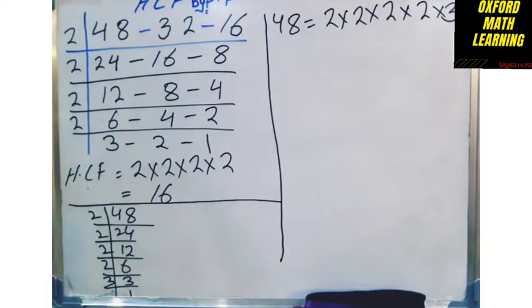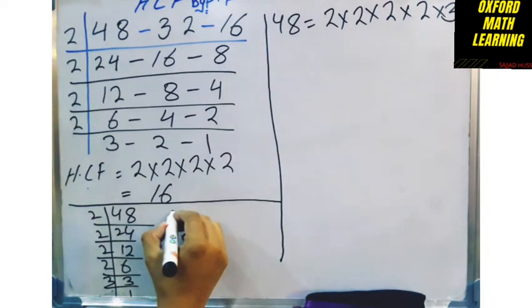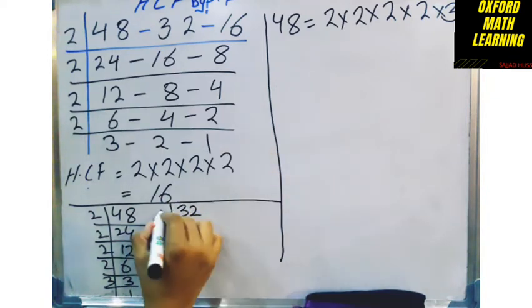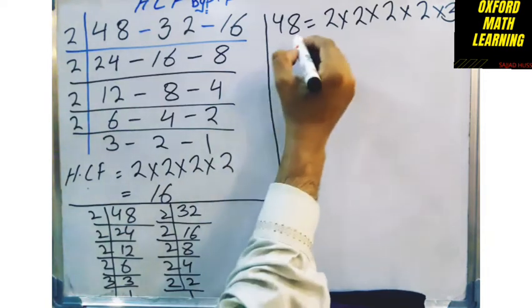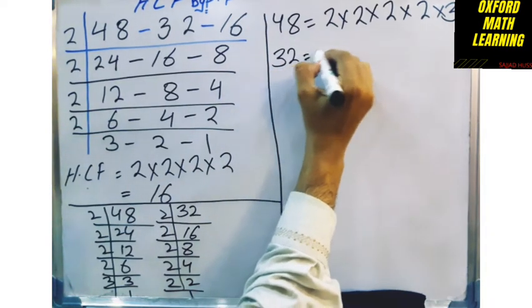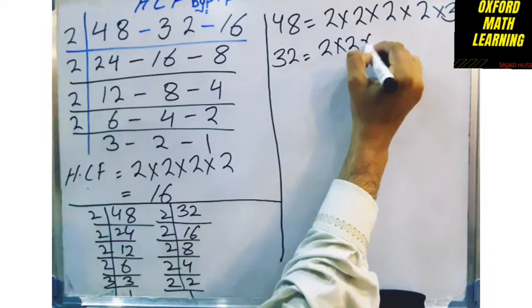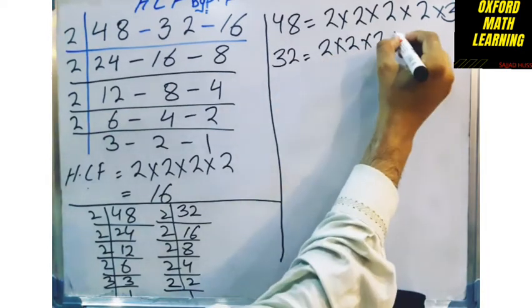Then we have 32. Factors of 32 will be 2 16s, 2 8s, 2 4s, 2 2s, 2 1s. So the factors of 32 are 2 into 2 into 2 into 2 into 2.